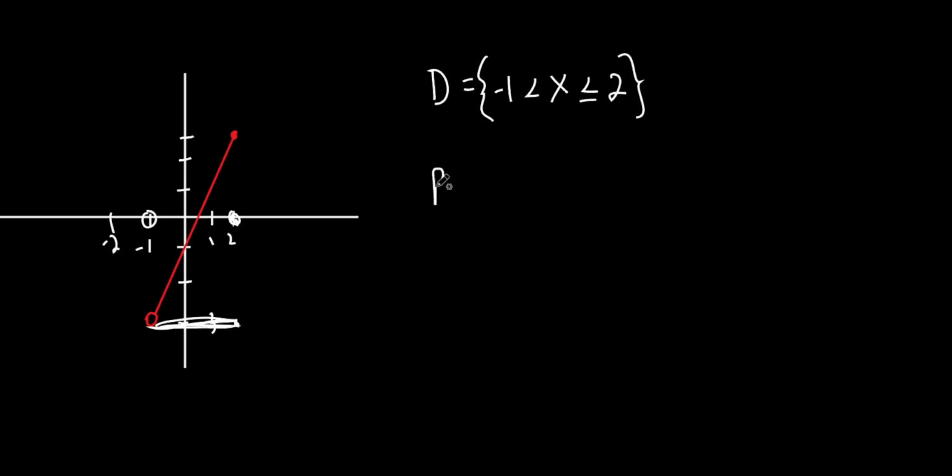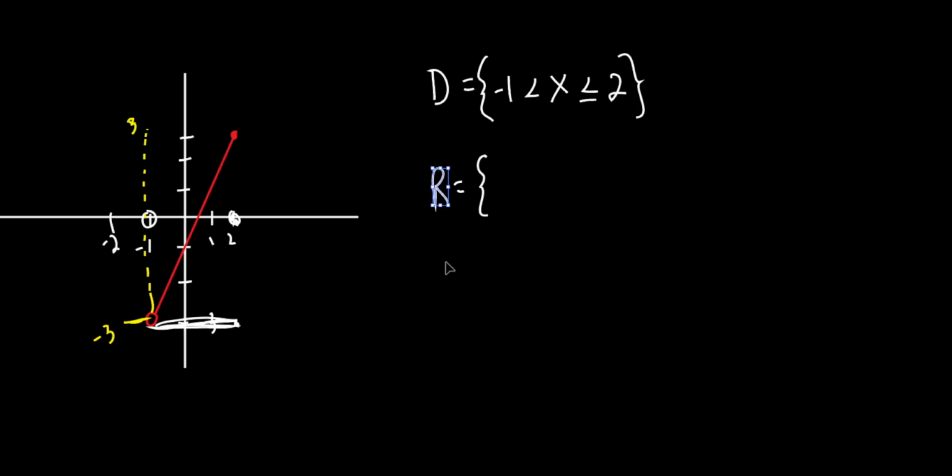What about the range? The range are all the y values this time. Let's put that in a different color. What are all the y values? From here all the way up to here. So where am I right here? -3. Where am I up here? +3. Okay?